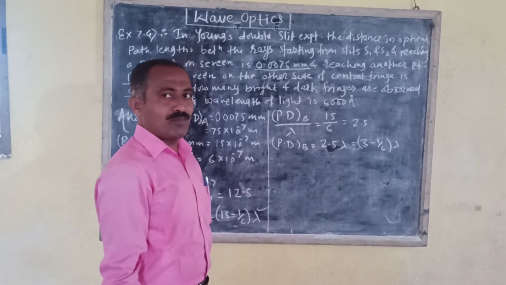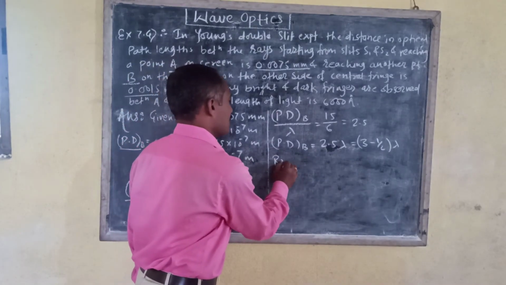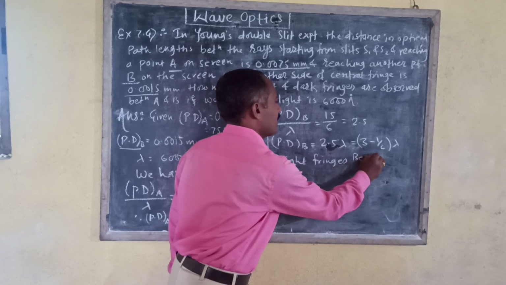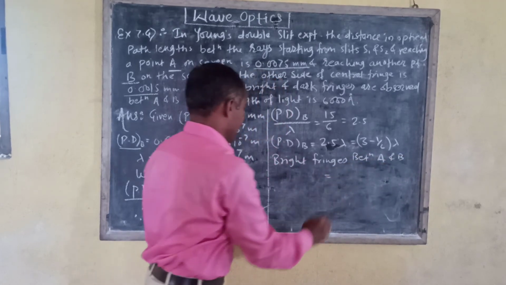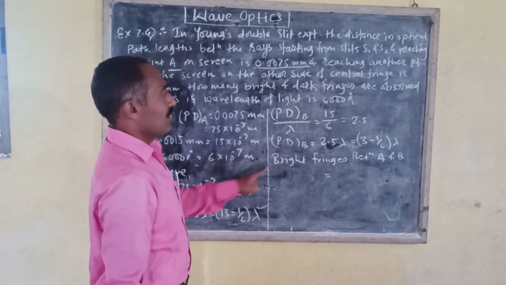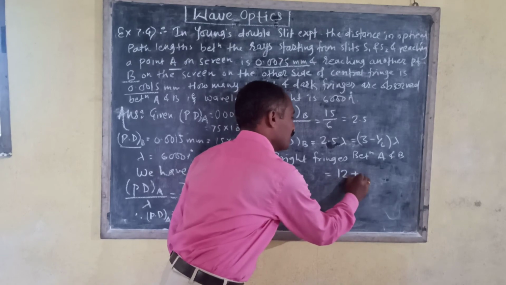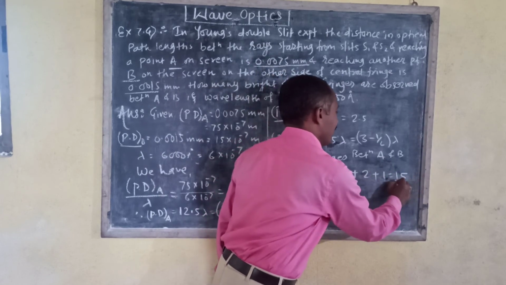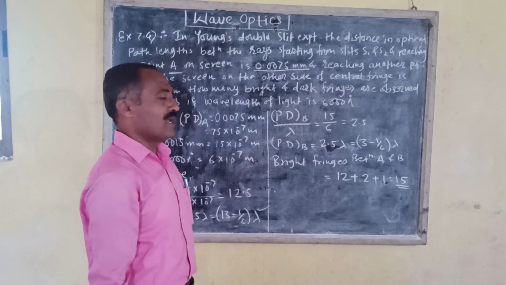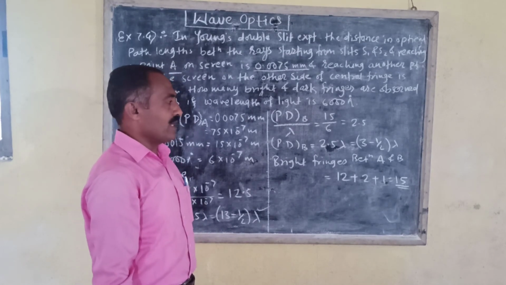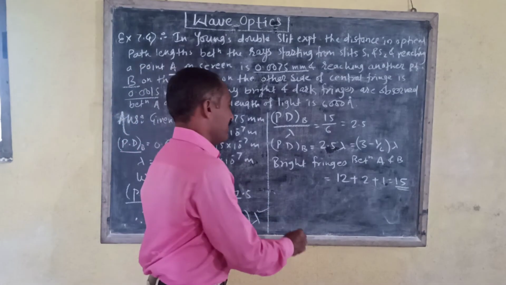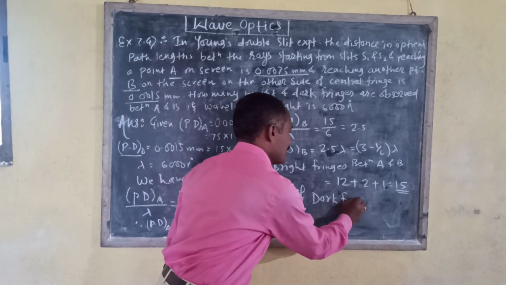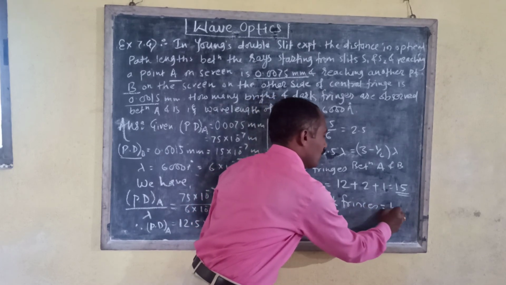Therefore, the total number of bright fringes between A and B, we can write 12 plus 2 and plus the central bright fringe, that is 1, which is equal to 15 bright fringes obtained between A and B. Excluding the central bright fringe, we get 14 dark fringes between A and B. Number of dark fringes is equal to 14.